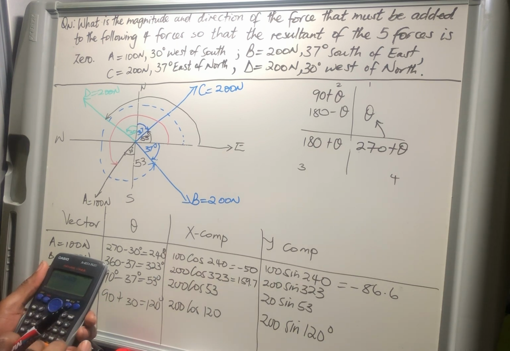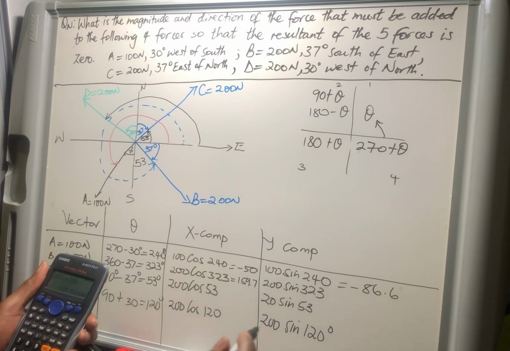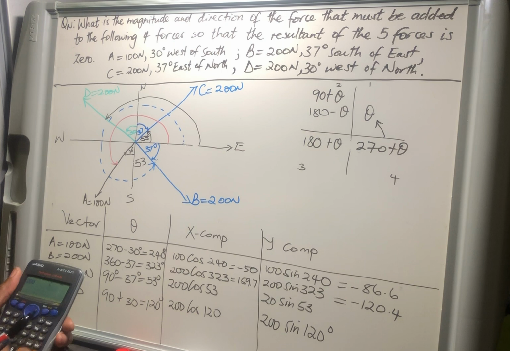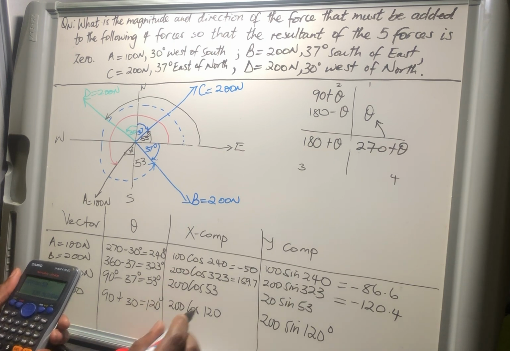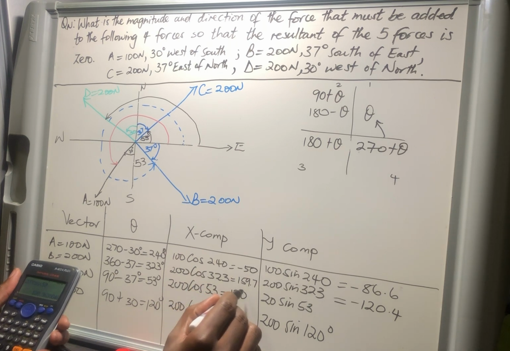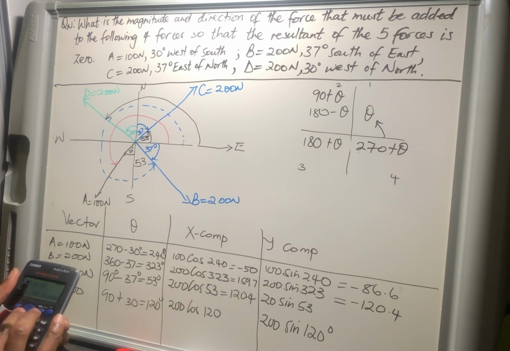Then here we have 200 sine 323. You have negative 120.4. Then you have 200 cos 53. You have 120.4. Then you have 200 sine 53. You have 159.7.